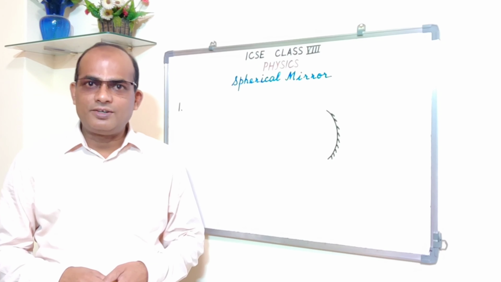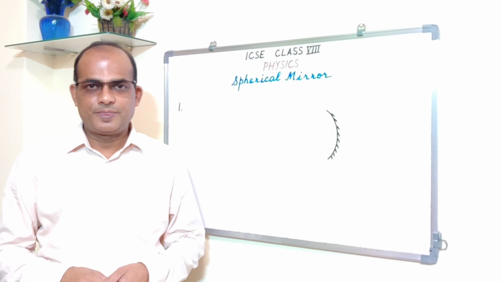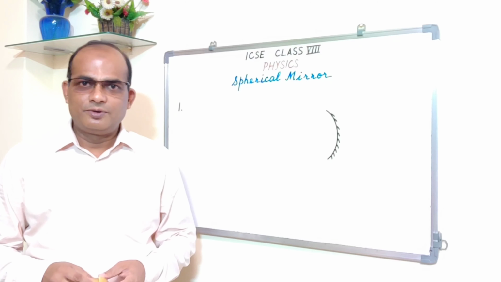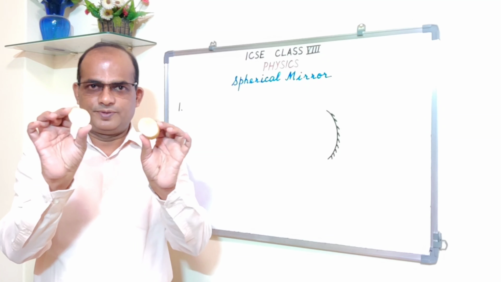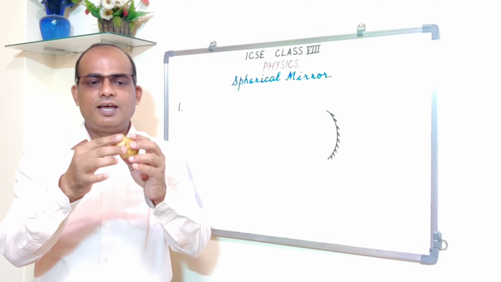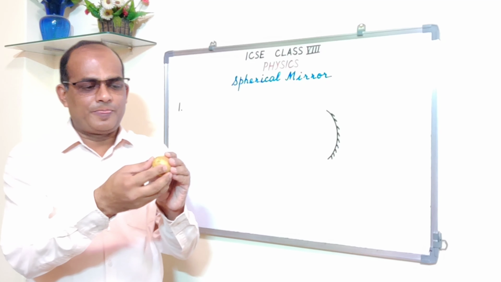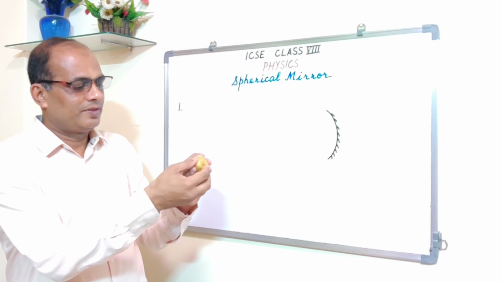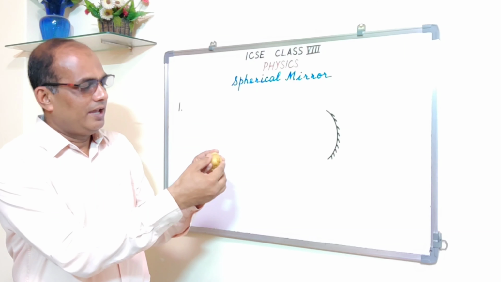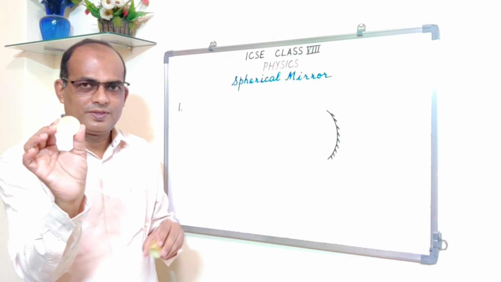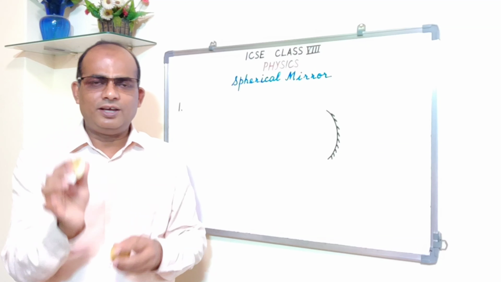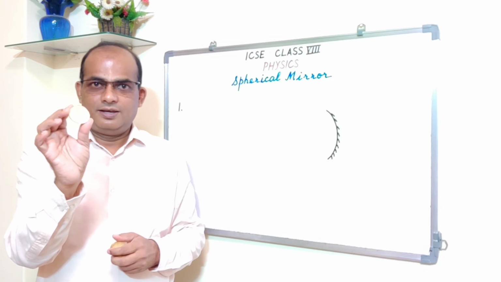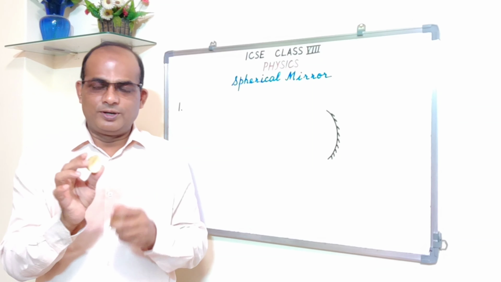See, here is a hollow sphere. This is hollow. And you are taking this section, you are cutting, and you are taking the part of this hollow sphere.